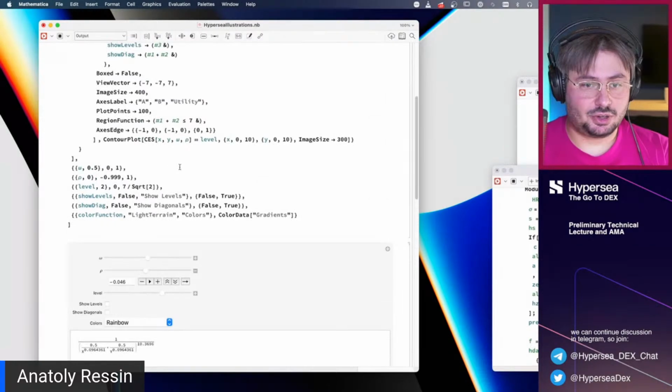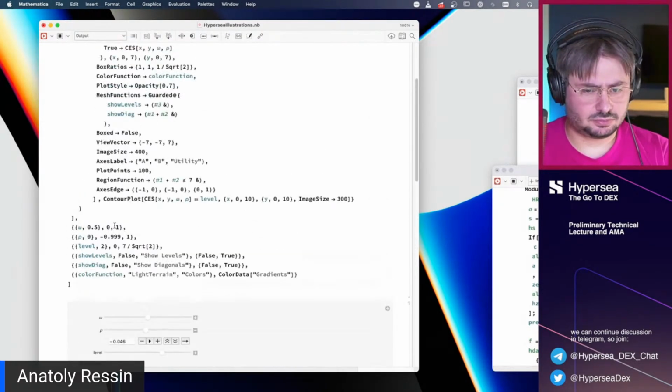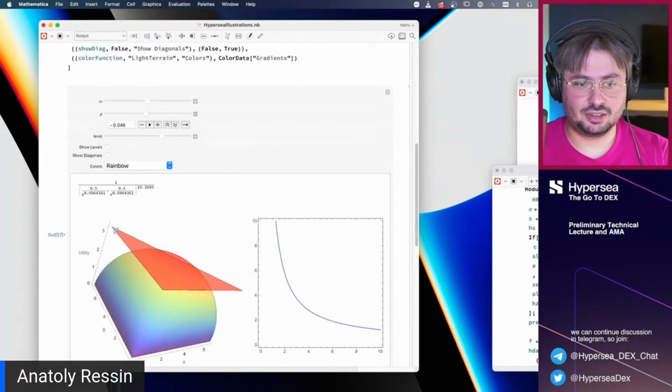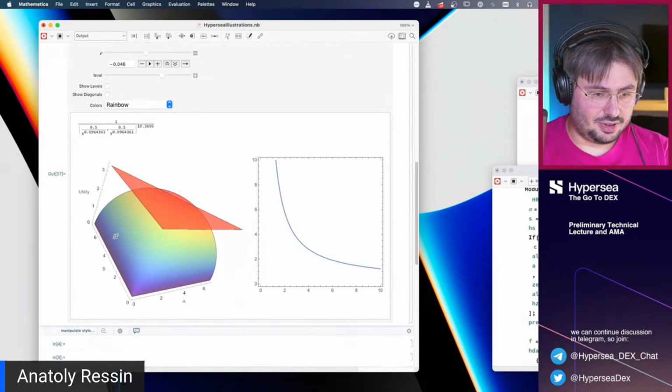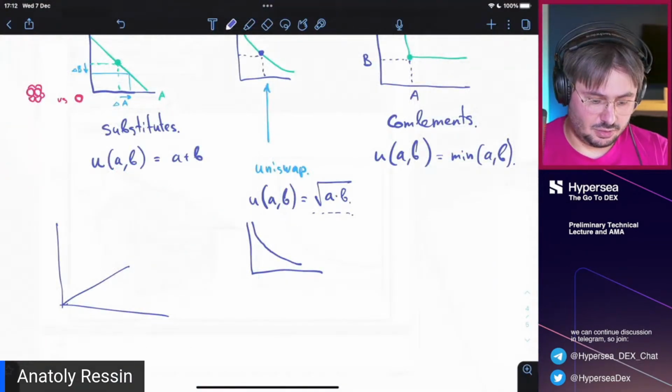Actually, this curve is already known in economics. So let me show.